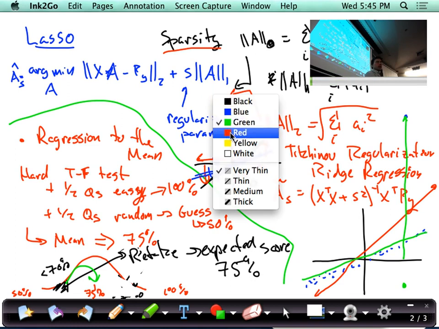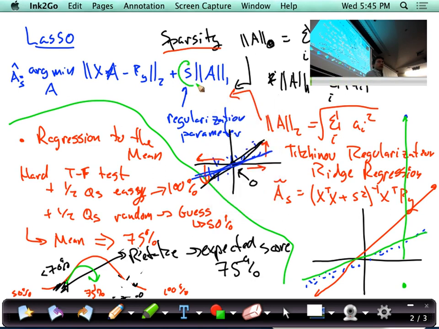Okay, so I didn't talk about this parameter s. Before the least squares, I didn't have this s parameter. So now I have to deal with this extra parameter s.